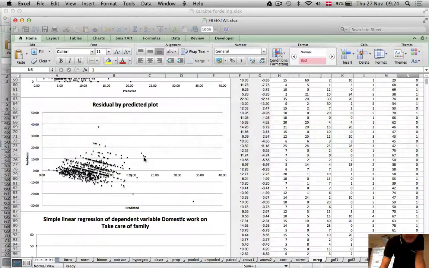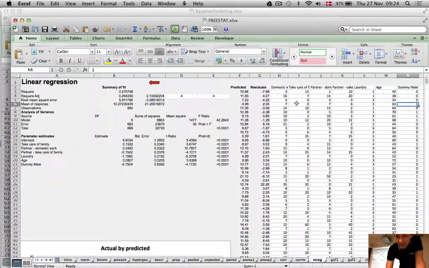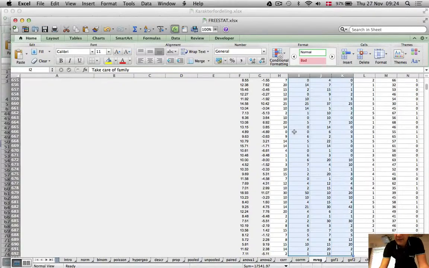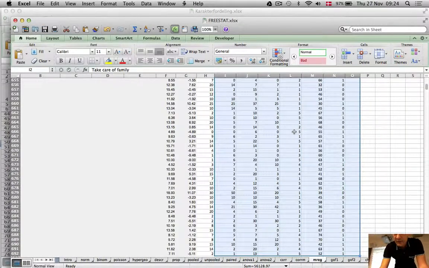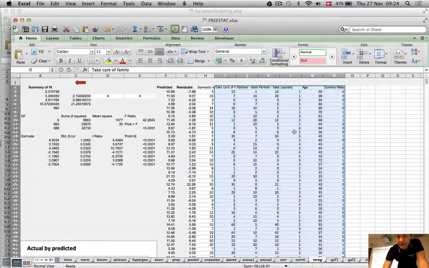So if we just have a look here, this, of course, is the response variable, and then we have all these explanatory variables. So in this case, if we would like to check for multicollinearity, we could take all the explanatory variables here. There are 6 explanatory variables. I can then copy these into, where should I copy them to check for correlation?